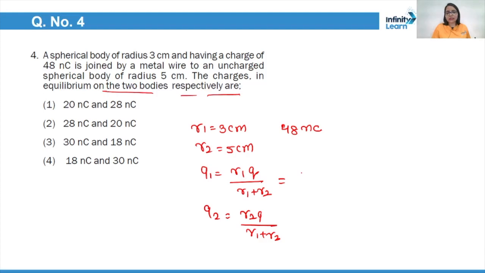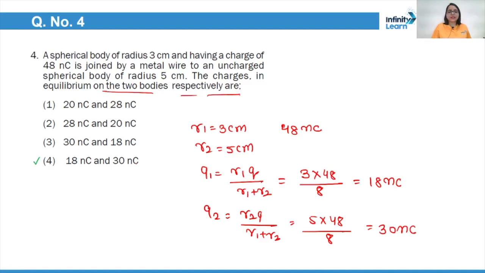So R1 is 3 into 48 divided by R1 plus R2 is 8. So this will be 18 nanocoulomb, and this will be 5 into 48 divided by 8, so this will be 30 nanocoulomb. So charges on these two bodies in equilibrium are 18 and 30 nanocoulomb respectively, which is option 4.